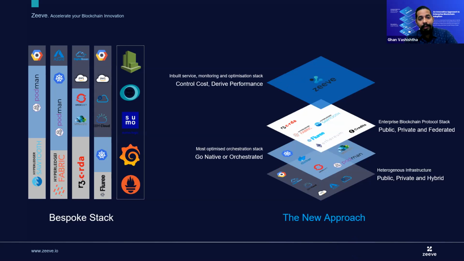What it gets you is a certainty on deriving performance, because if the stack is unified, you have a centrally controlled monitoring, in turn benefiting you both with cost and performance.